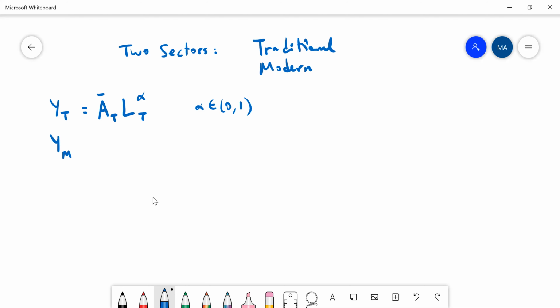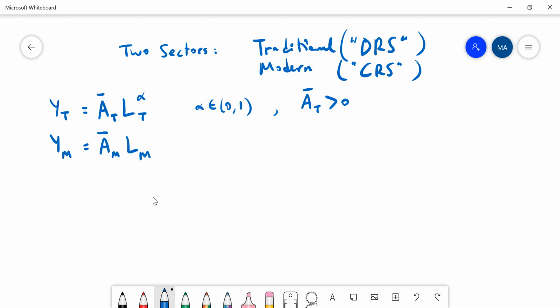And suppose that there is also modern technology. Modern technology has also this particular level of productivity, A_M. Okay, so here A_T bar is positive, and here, of course, this sector uses also labor. Let's say, suppose that there's no physical capital. You can add physical capital to this model, but in this sector there is constant returns to scale. Okay, so in the traditional sector there is decreasing returns to scale, and in the modern sector there is constant returns to scale.